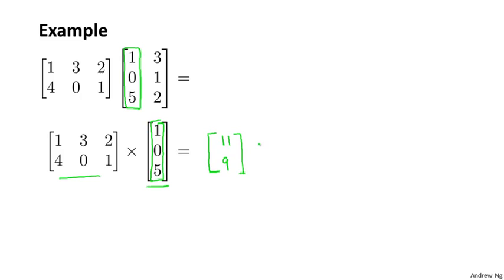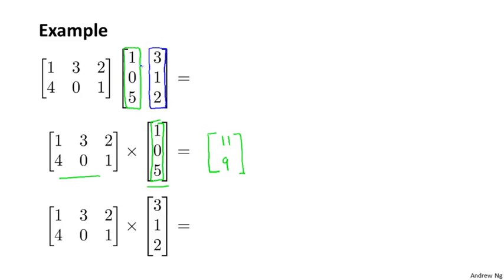And then the second thing I'm going to do is pull out the second column of the matrix on the right, and take the matrix on the left and multiply it by that second column. Again, this is a matrix vector multiplication step, which you saw in the previous video, and it turns out that if you multiply this matrix and this vector, you get 10, 14.